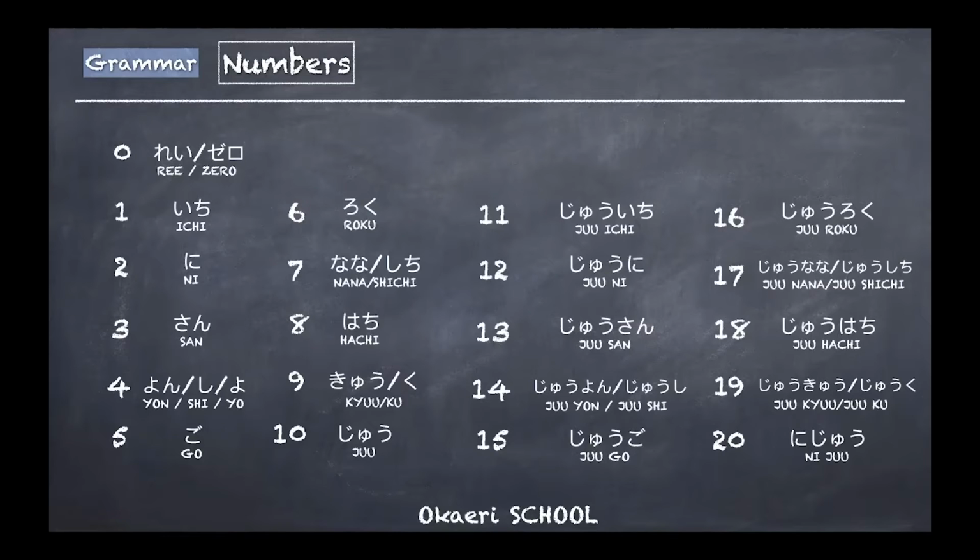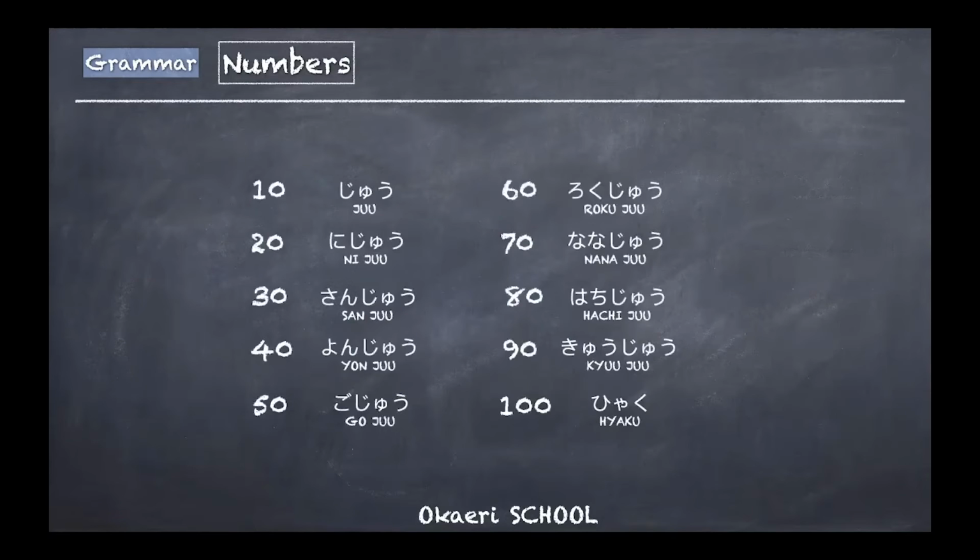So 2 and 10, 20, 30, 40, 50, 60, 70, 80, 90, and 100. 100 seems to be a bit difficult to pronounce, but good luck.